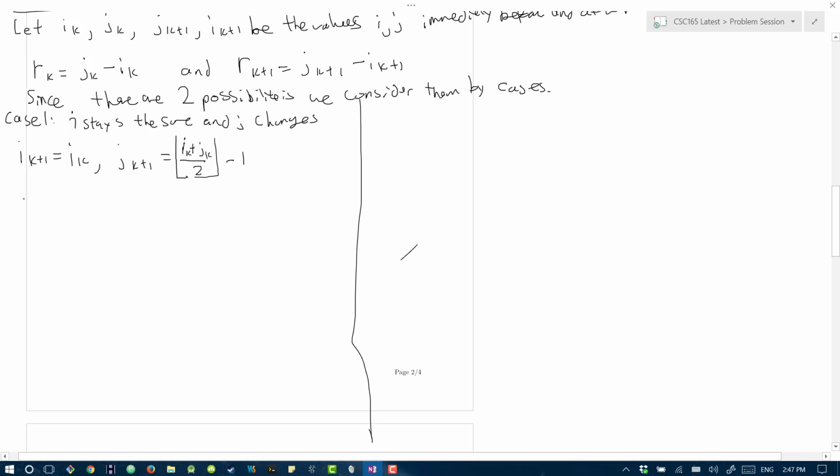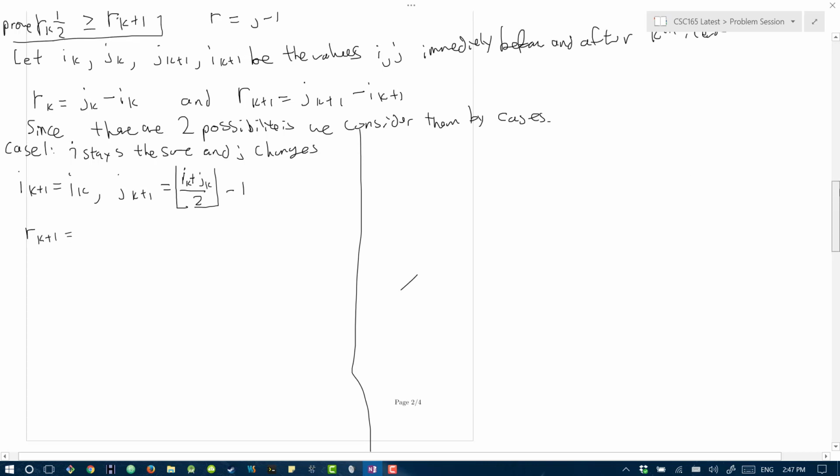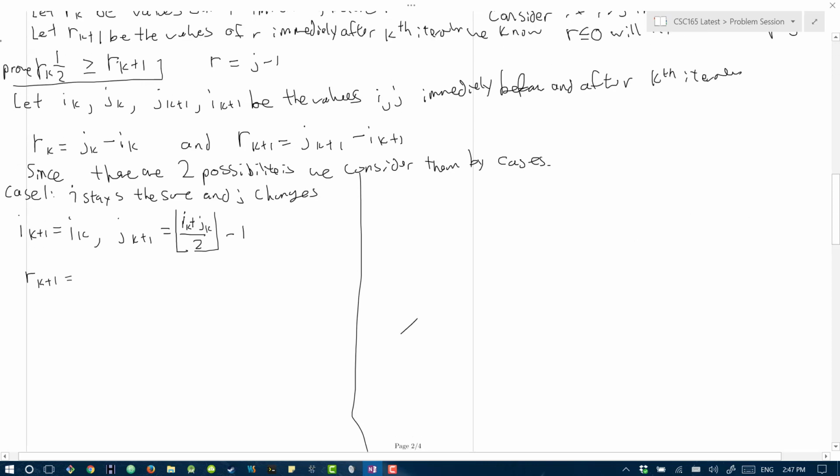So we want to calculate what r_{k+1} is. And we want to eventually find that r_{k+1} is smaller than or equal to half of r_k. Okay, so we know this is true. Okay, now we replace this over here.